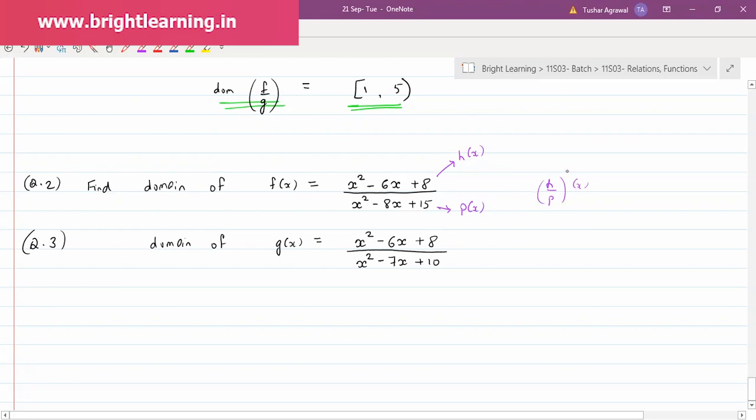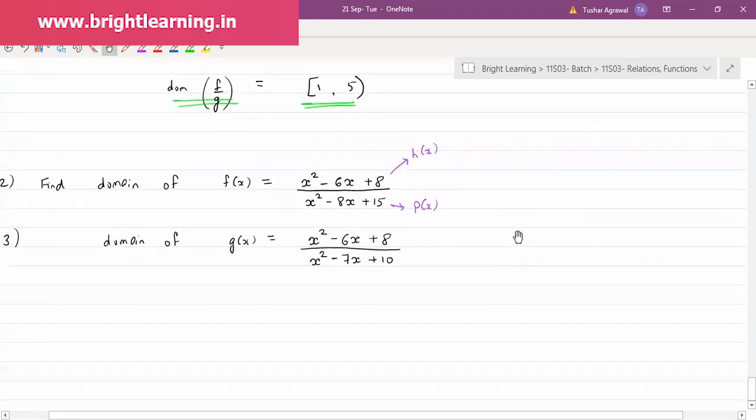These questions have just one simple concept. Denominator should not be 0. If denominator is 0, then that is my problem. Numerator you can factorize: x minus 4, x minus 2. Actually factorization is not needed in the numerator, but I will just do it.